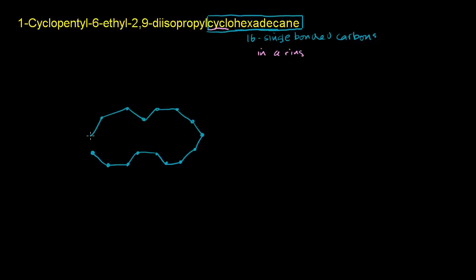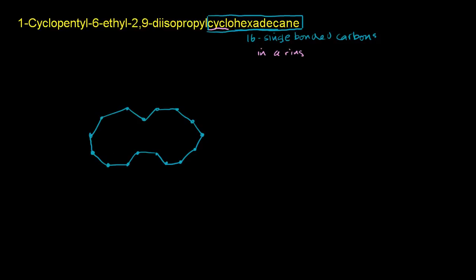I think I got it. Let me count them again, and then I can connect them up in a cycle. 1, 2, 3, 4, 5, 6, 7, 8, 9, 10, 11, 12, 13, 14, 15, 16. All right, I drew the cyclohexadecane part.